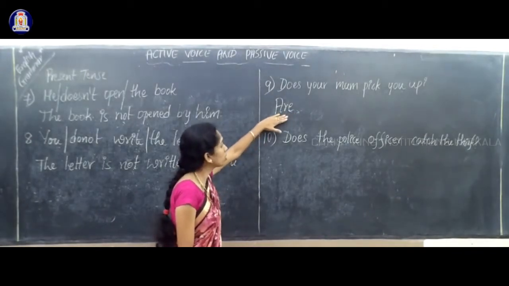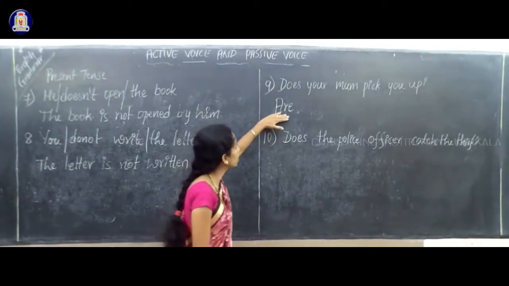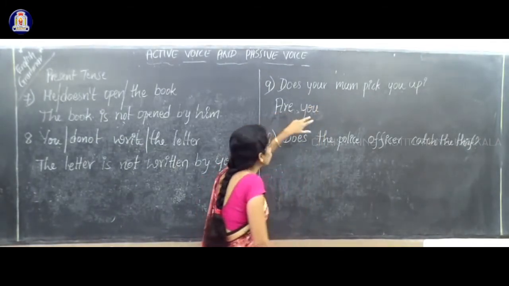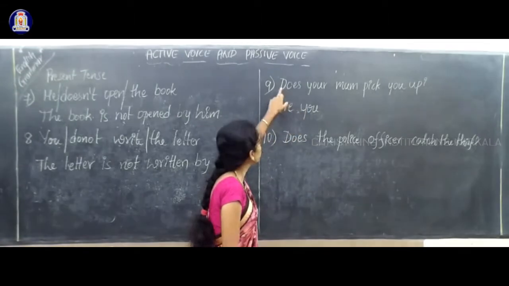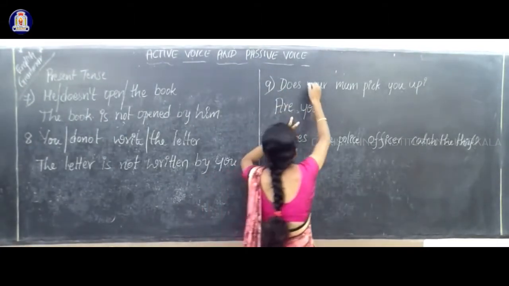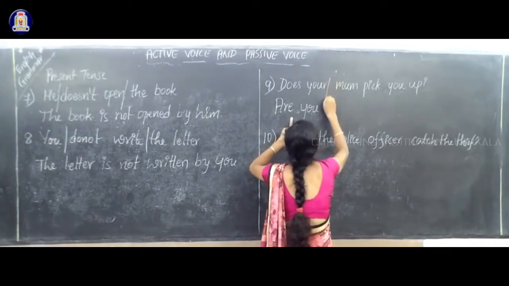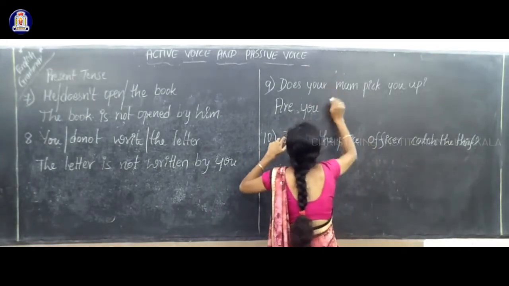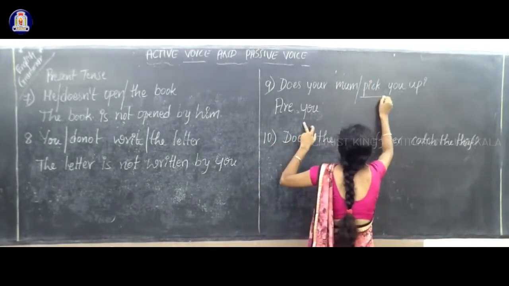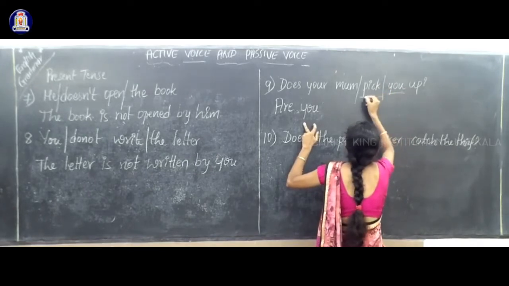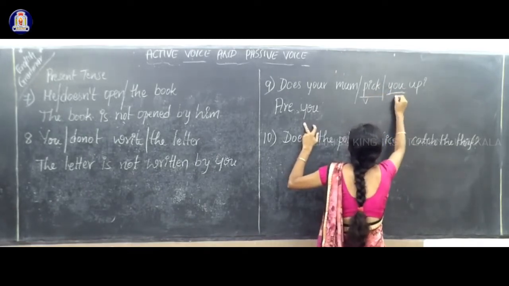So are is the be form we are using here. Are you? And here for you we cannot use the does, isn't it? Your mom is the subject. So pick is the verb and you is the object here.